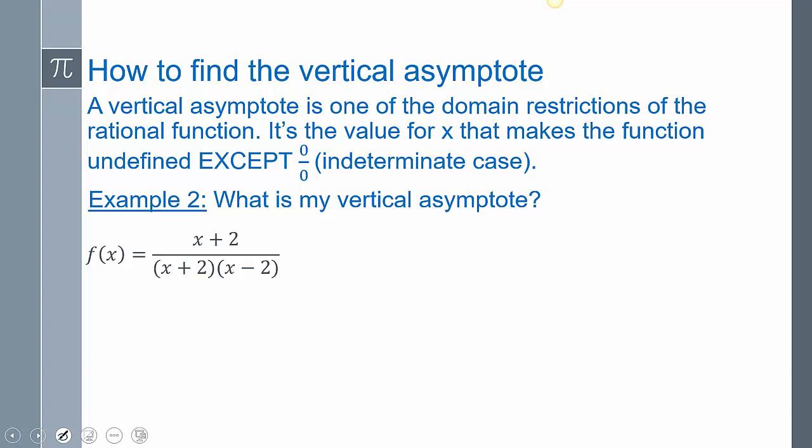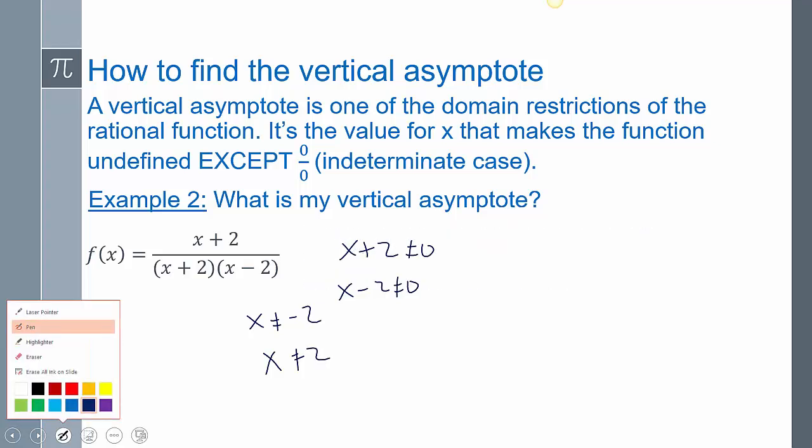So if I were to plug this in and try to find it, right, x plus 2 cannot equal 0, x minus 2 cannot equal 0, I get x cannot equal -2, x cannot equal 2. Those are going to be my two domain restrictions.